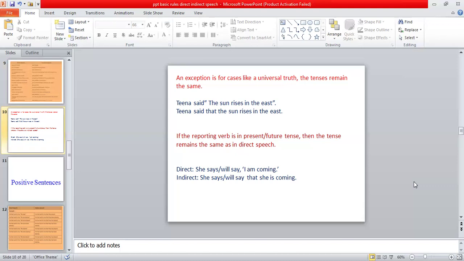I will give you positive sentences and ask you how to change them from direct into indirect speech, and at the same time, we are going to discuss the rules as well. I hope today's lecture has been very useful for the students regarding the rules, and keeping all these rules in mind, you can easily attempt your question.